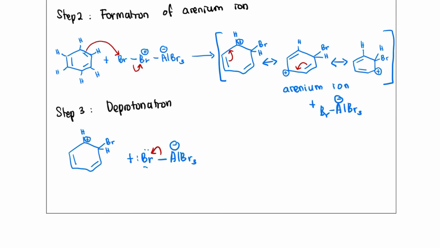Okay, so maksudnya this Br here will go and get this hydrogen. So now the bond between this carbon and hydrogen here, bond ni akan break and then kita akan form the new bond here. Okay, so arrow from tengah bond pergi ke tengah bond sini. Okay, it shows that we take out the 2 electron in the bond between C and H and form the new bond here.